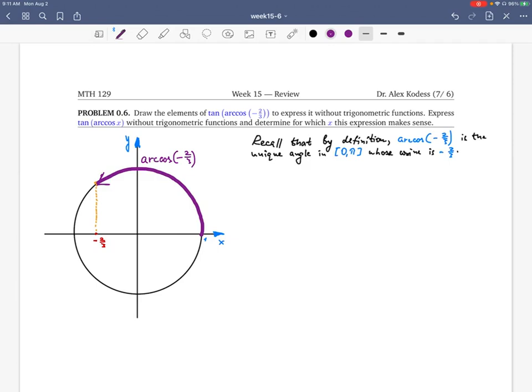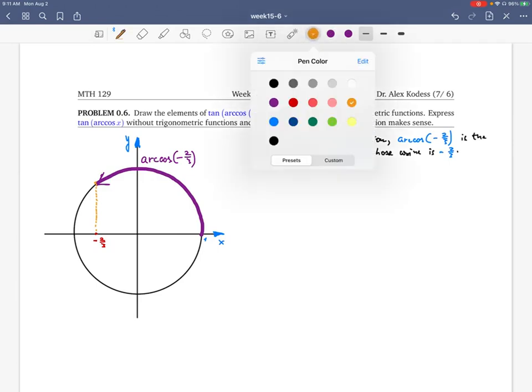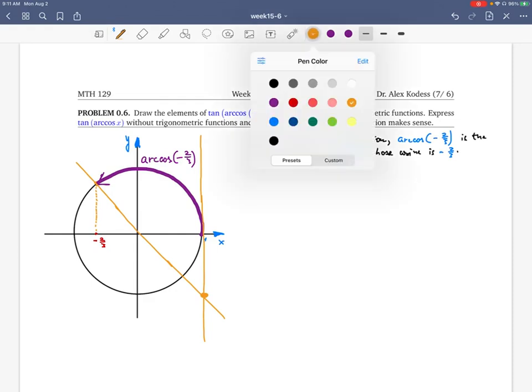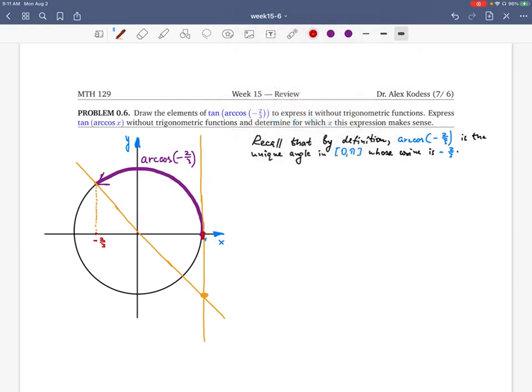And now it's easy to get tangent of that. So this here is tangent of arc cosine of negative 2/3.